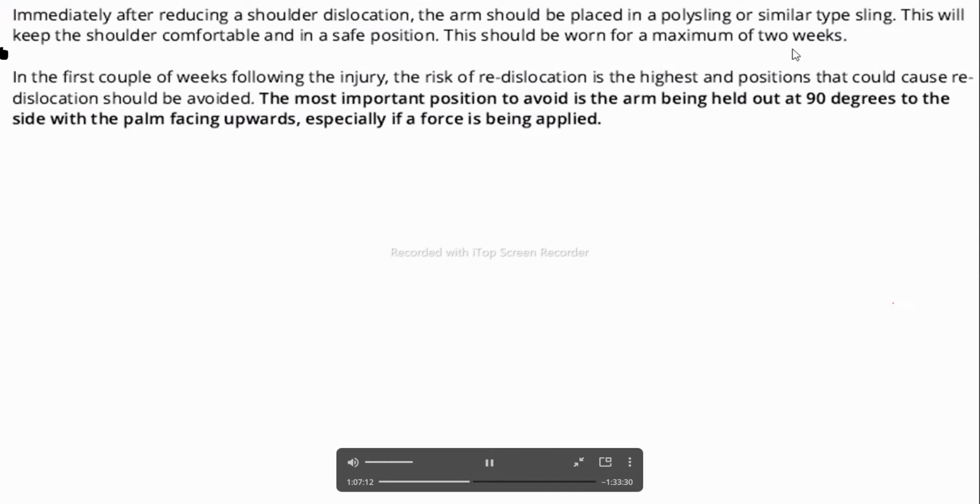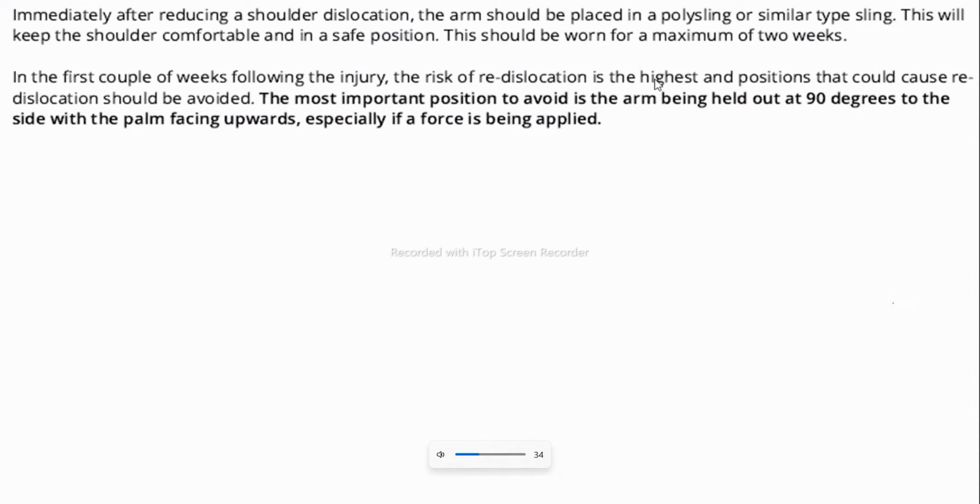Why to avoid this one? Risk of redislocation.